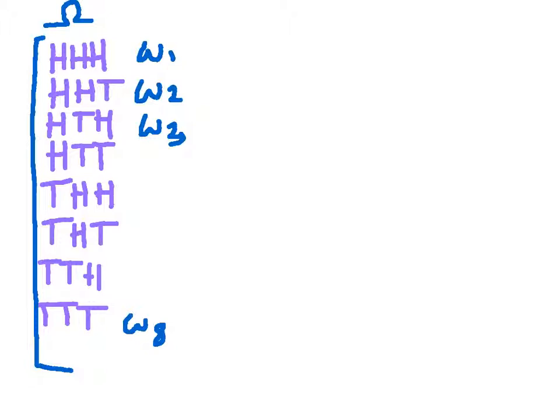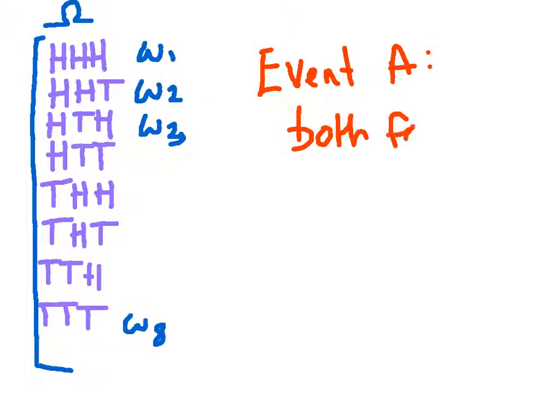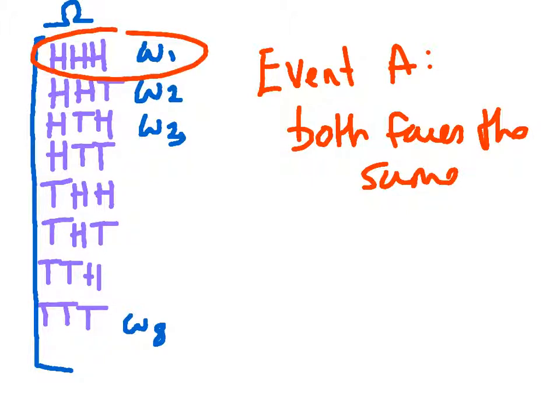We can define any event we want, any subset we want within that sample space, and we suggested, for example, the event we were interested in was the event A, all faces the same, and this event is made up of omega 1 and omega 8. So we've defined the idea of a sample space, events within the sample space, and composite events that are made up of all these simple events.